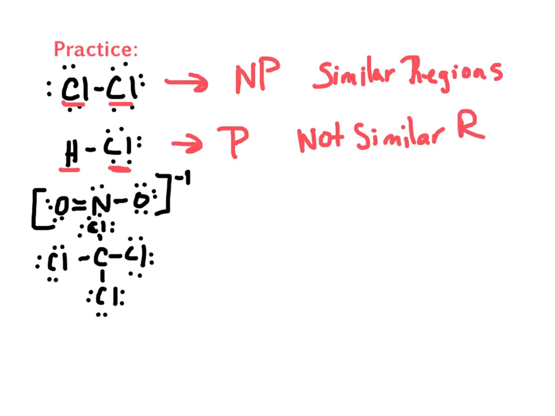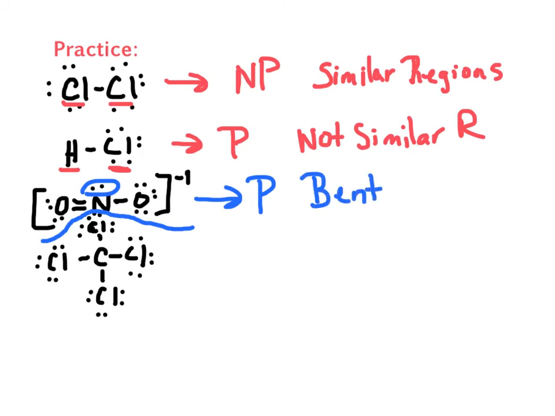I'm just going to put R for the sake of time. And then this next one, we have to realize that this one ends, that Cl, that part of it is there. This has got two bonding and one non-bonding around the central atom, which is going to be bent. And so this one is bent, is always going to be polar because of that dot dot that's right there. And so since this is polar, this is because it's bent, and bent is always polar.